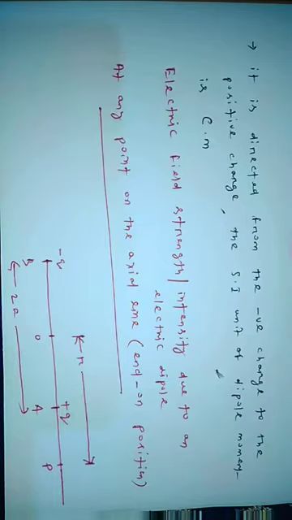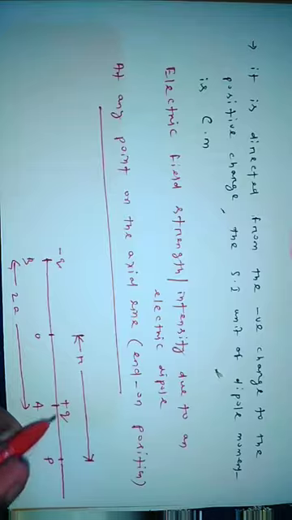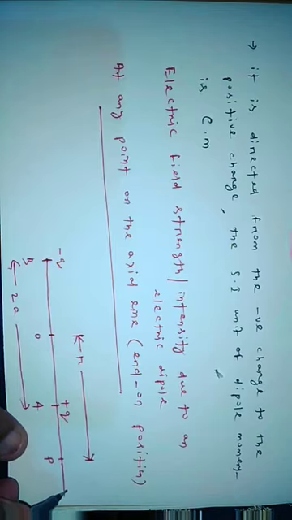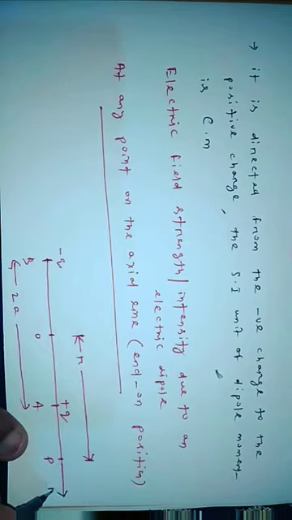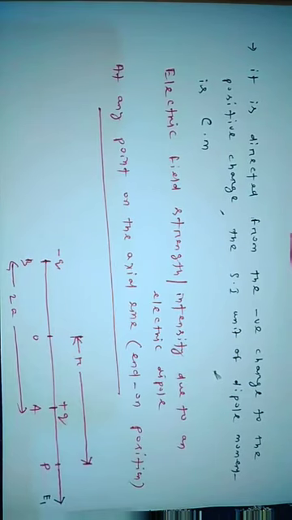So electric field strength at point P due to charge plus Q, as this is a positive charge, so the E1 is along this direction. Electric field strength at point P due to charge plus Q is E1. Okay.